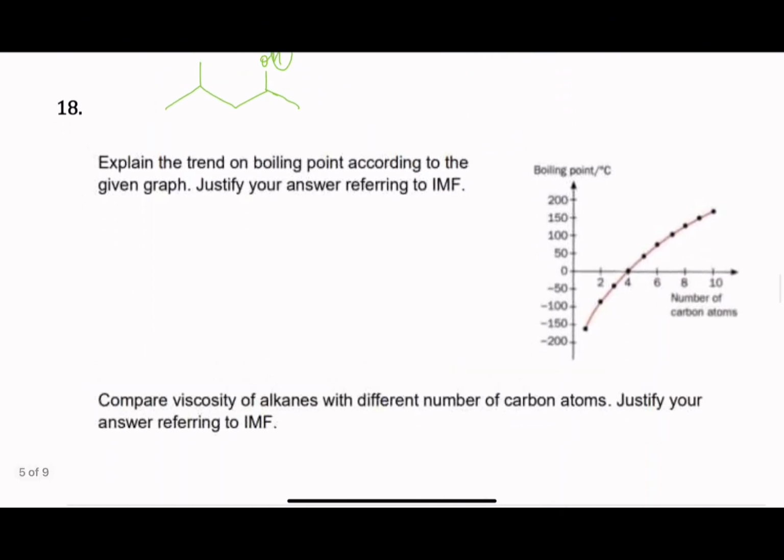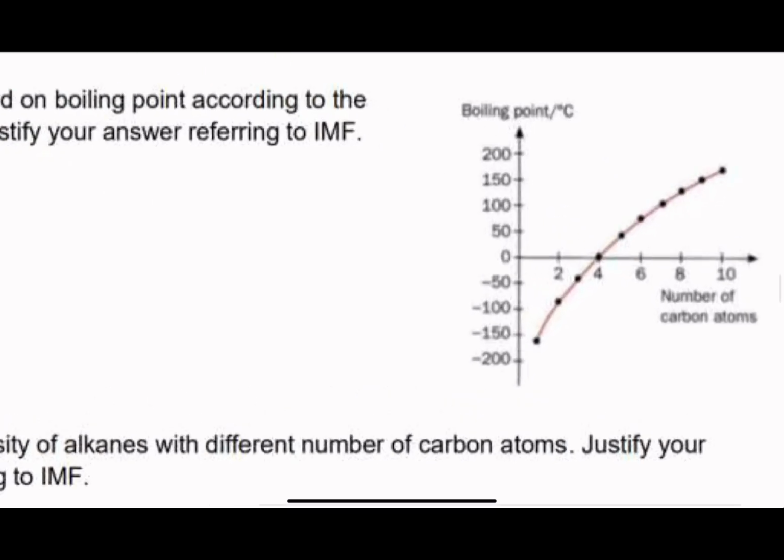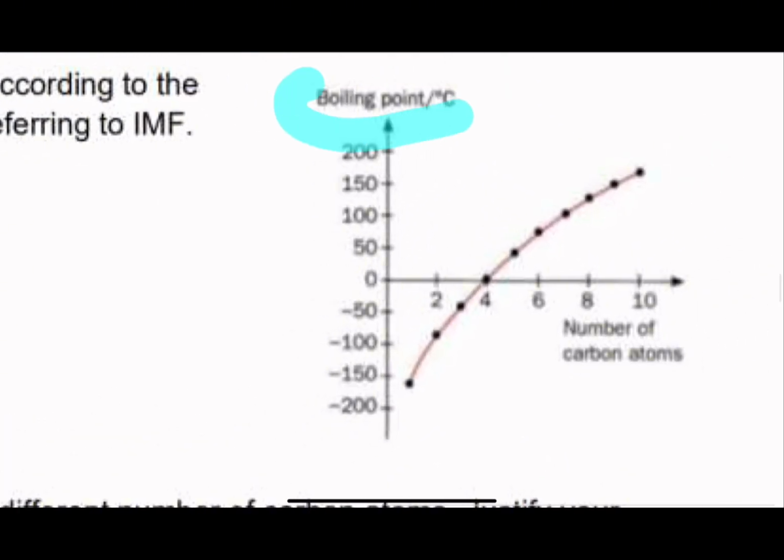Now, explain the trend in boiling point according to given graph. Justify your answer referring to IMF. Now, as you see in here, boiling point is increasing. On the 4th carbon, we already discussed that the hydrocarbons are becoming liquid.